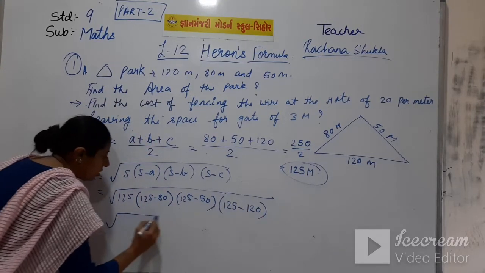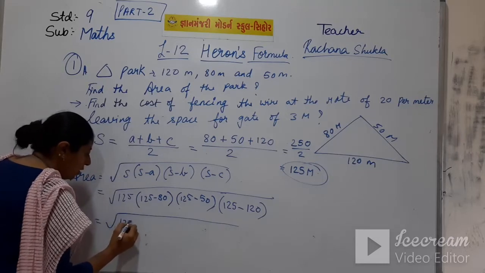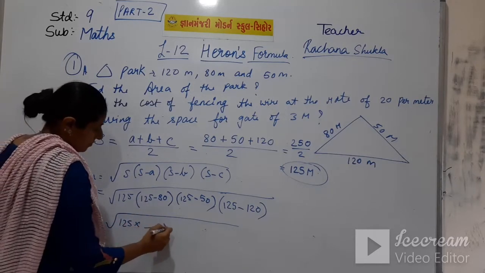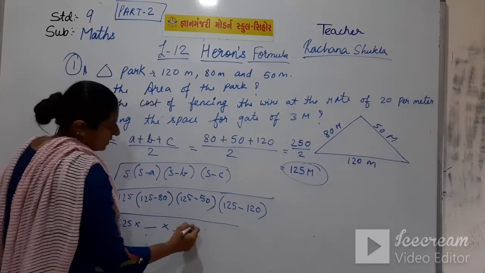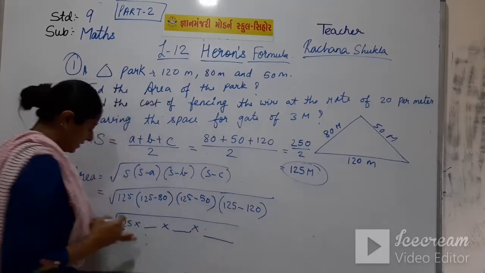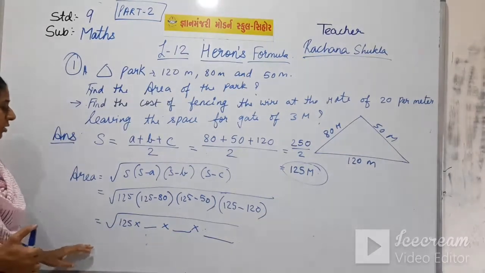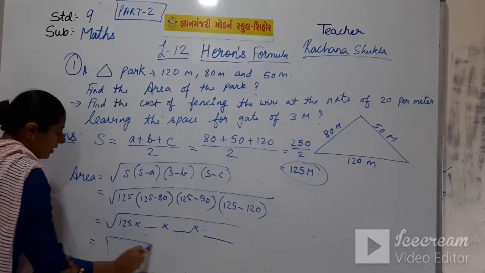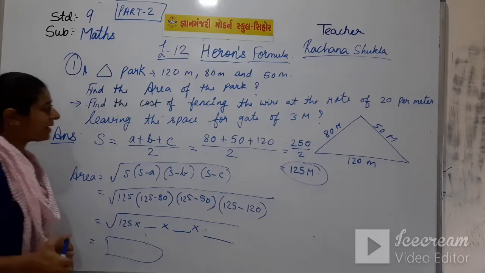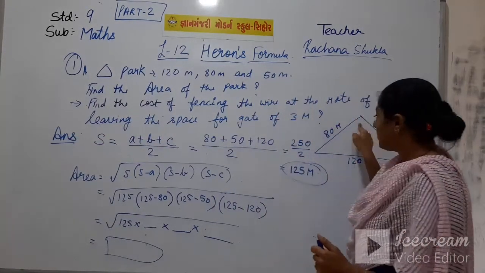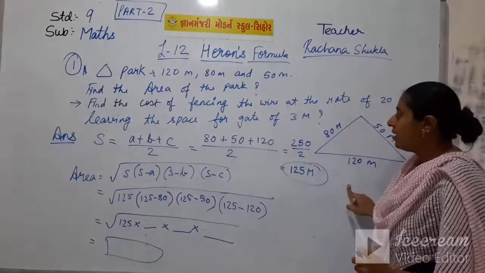Then you will solve your sum. 125 into, then solve this, minus this and minus this. You will get 3 answers, then multiply and take out the root. You will get your answer of area. By this way you will find the area of this triangular park.